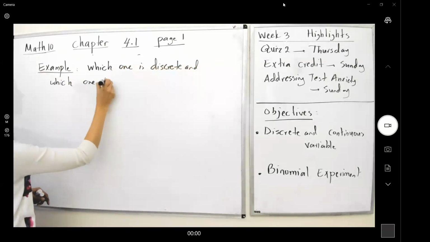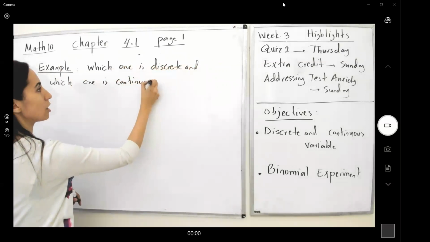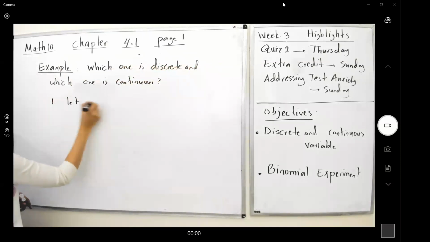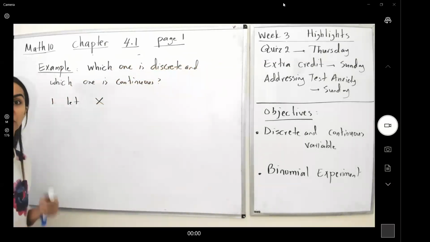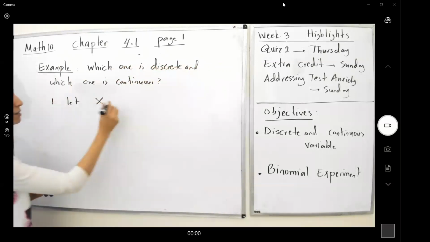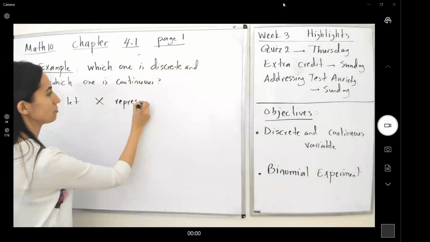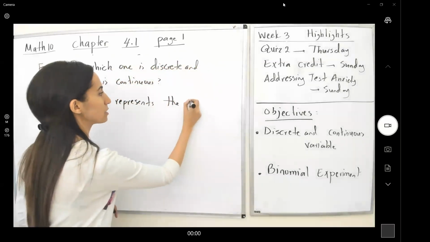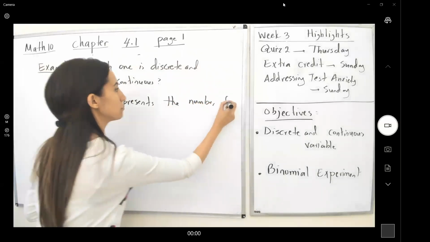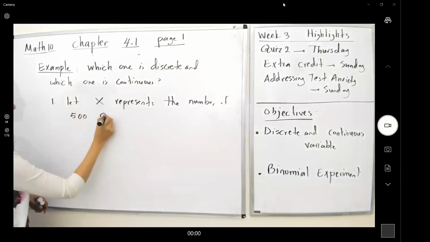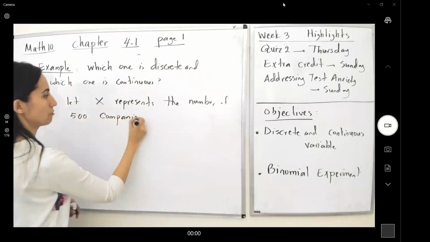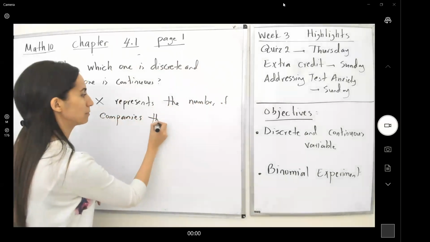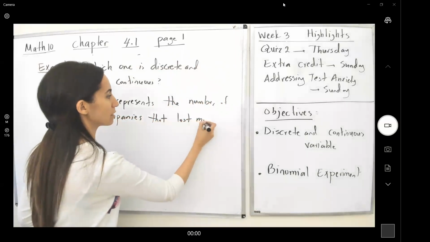The first one says let variable x, remember that you're working with random variables, represent the number of 500 companies that lost money last year.